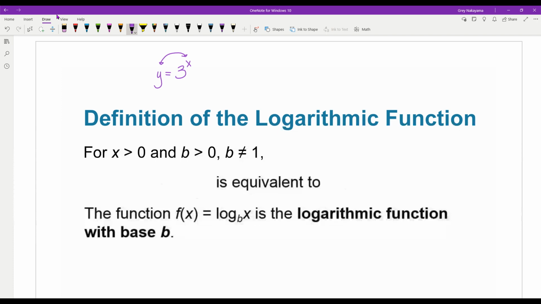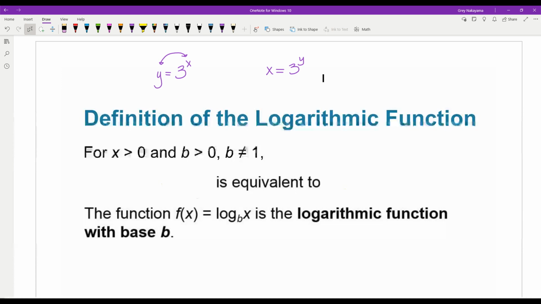So if I were to switch them, then I would have x equals 3 to the y. If that was the first step in finding the inverse, after that you were supposed to solve for y. And we don't know how to solve for y. So they came up with the log, and a way to rewrite that.